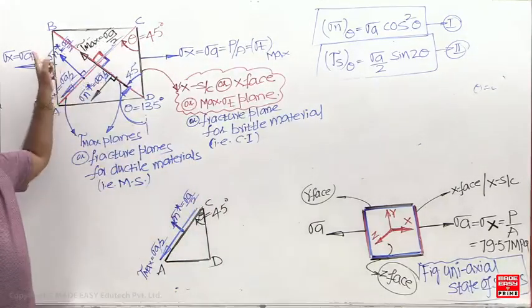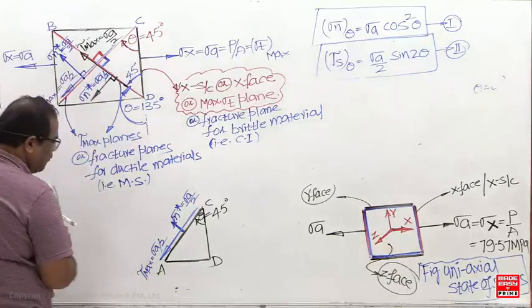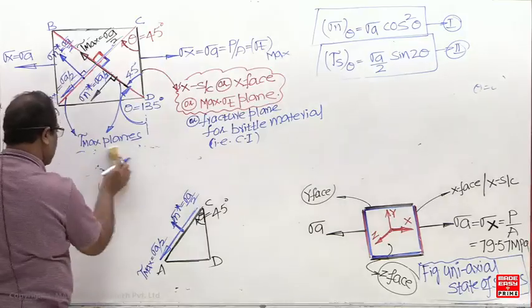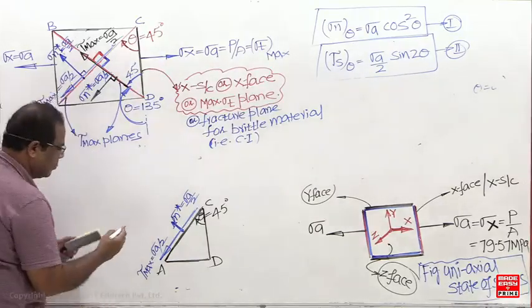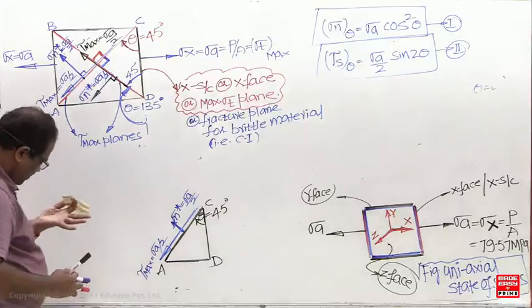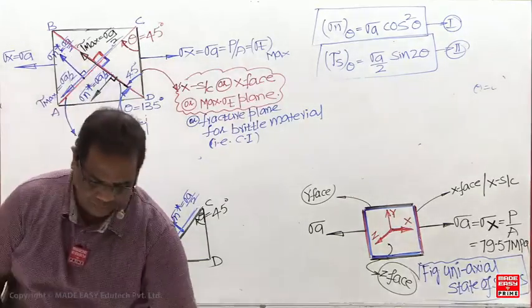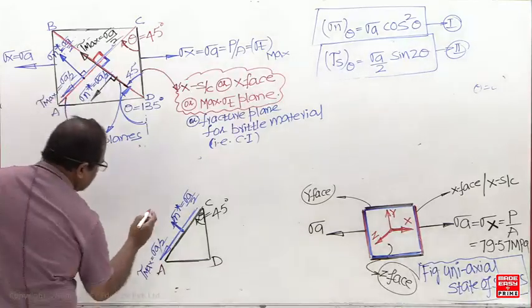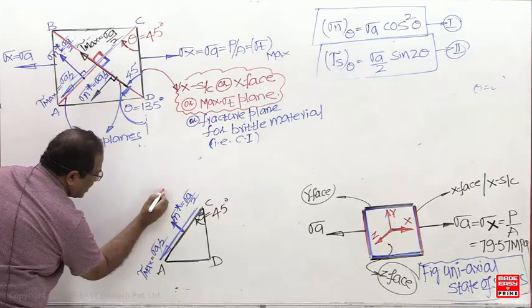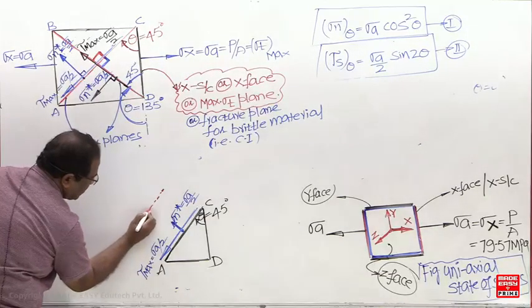Where are you going to get the remaining part of the square? For every plane, you are going to get a parallel plane.